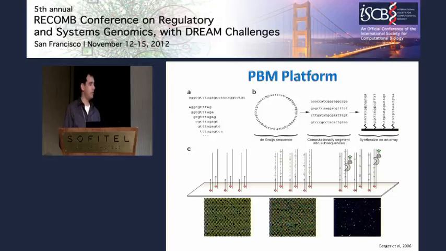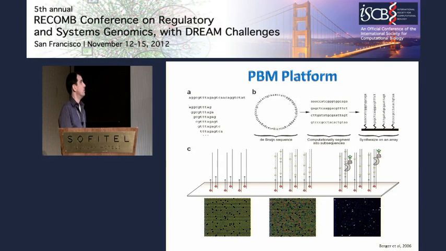And it starts with a De Bruijn sequence, which is basically a small synthetic circular genome that has been specifically designed to include all overlapping k-mers at least once, as we see here in part A. And this De Bruijn sequence is then cut up into either 35 or 36 base pair contiguous segments.